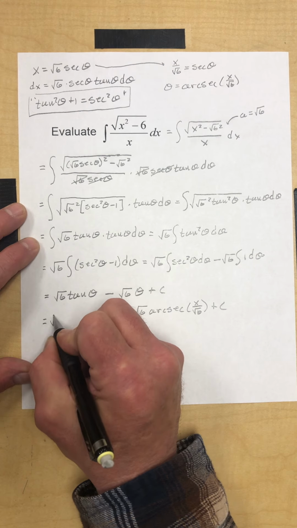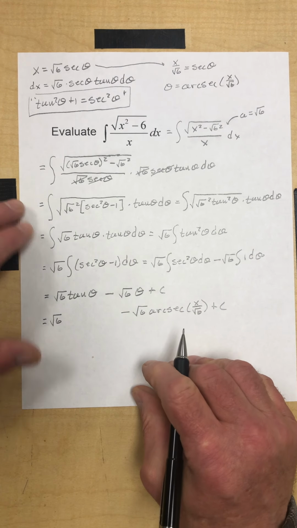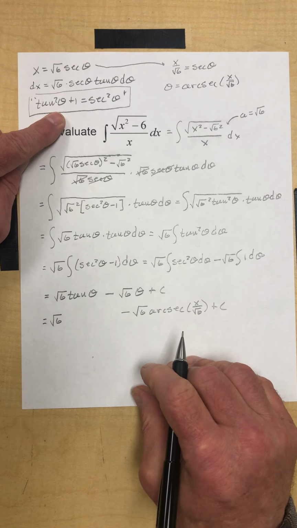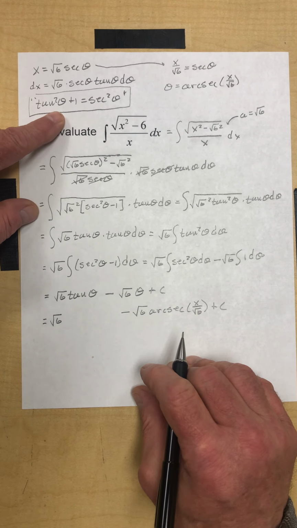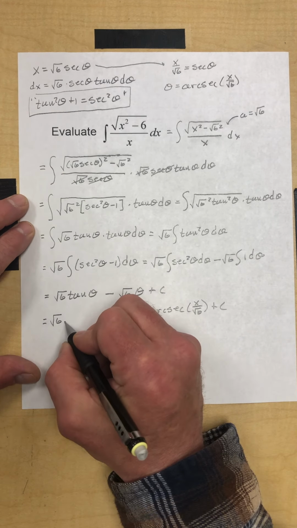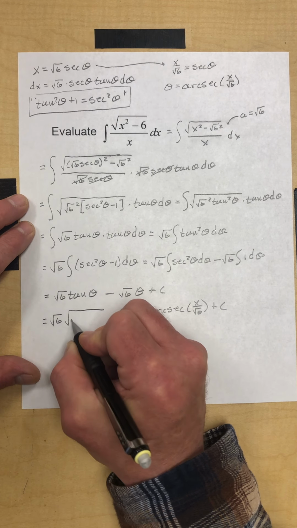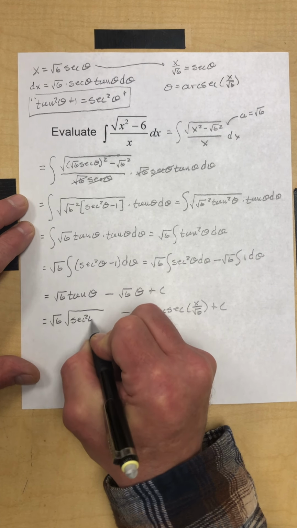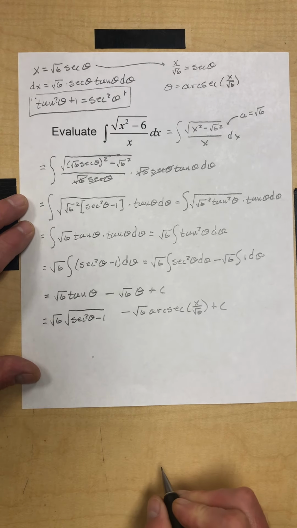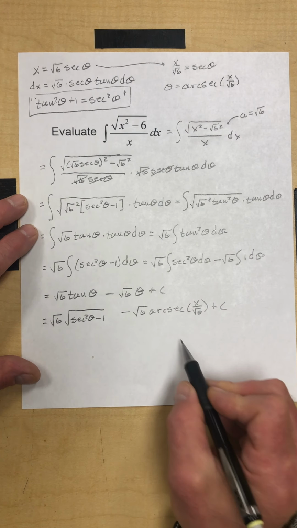So we have to go back to our Pythagorean identity. Tangent would be the square root of secant squared minus 1. So this would be the square root of secant squared theta minus 1. Okay, so this part of it's done.